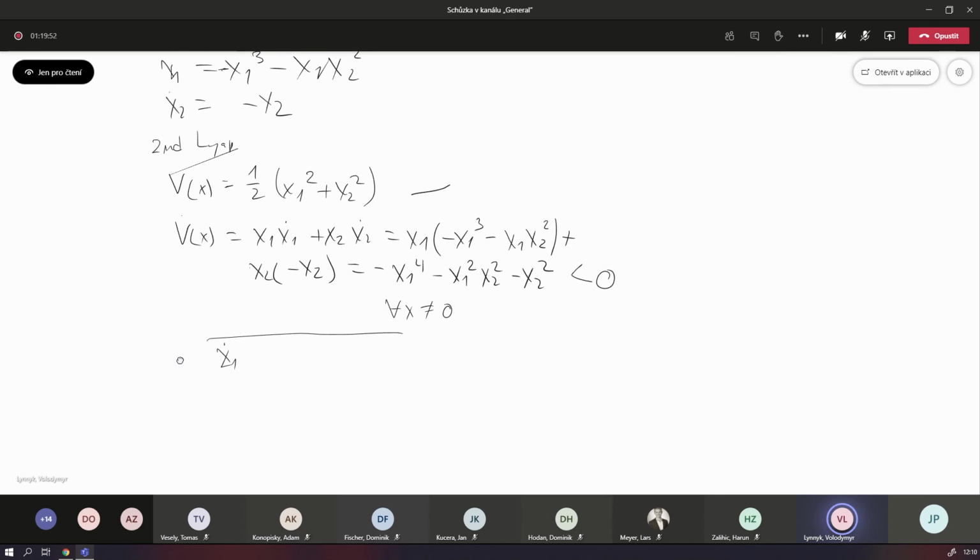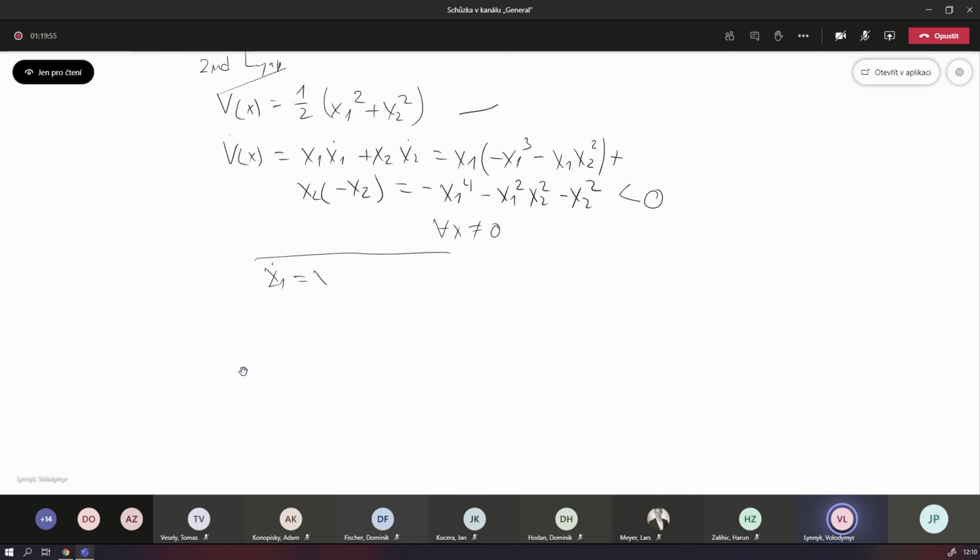The system is x1 dot equal to x1 cubed minus x2 x3, x2 dot equal to minus x2 to the fifth degree plus x3 times x1, and x3 dot equal to x1 x2 squared plus u.